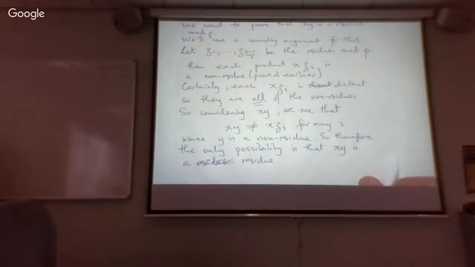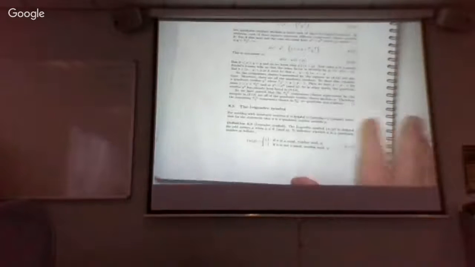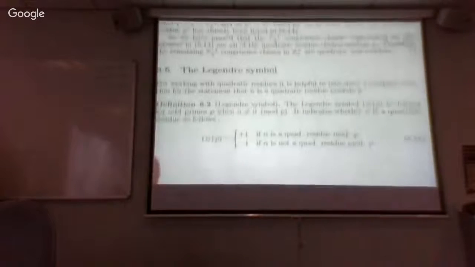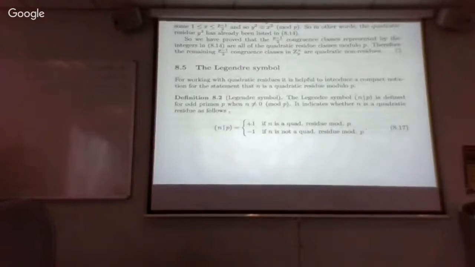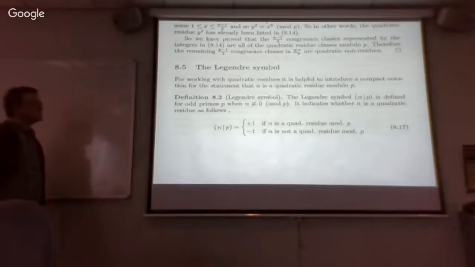So what I'd like to look at now is definition 8.2, at the bottom of page 56. It can become a bit unwieldy all the time to keep on talking in phrases, this is a residue, this is a non-residue, and so on. So to make it more compact and efficient, we introduce this notation.